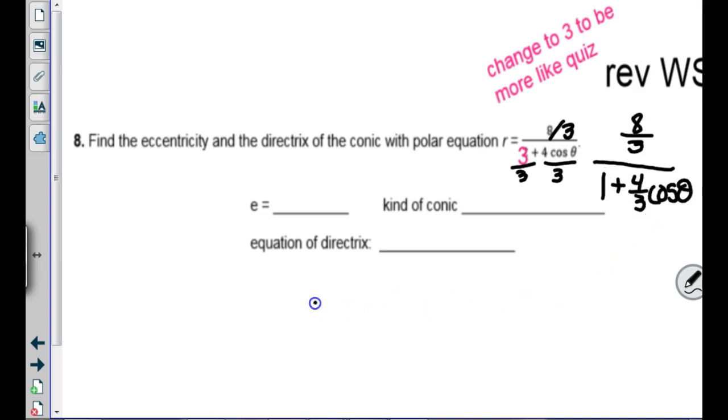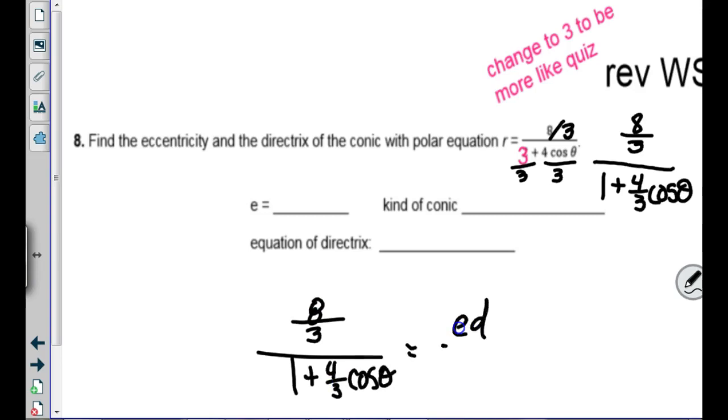So again, this is equal to ed over 1 plus e cosine theta. Pink sheet, that's where I got that. So this makes e 4/3.